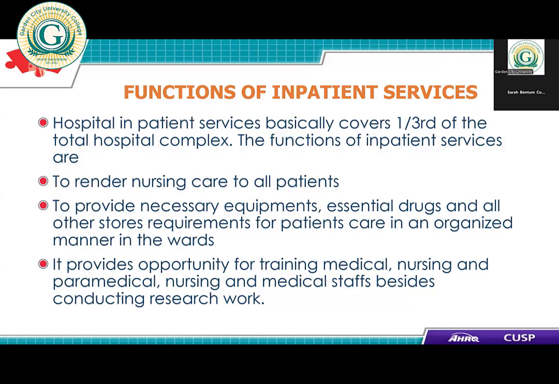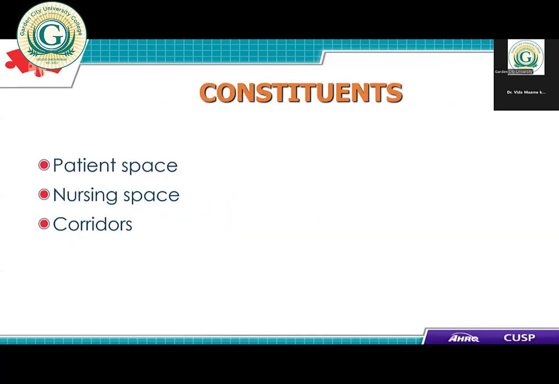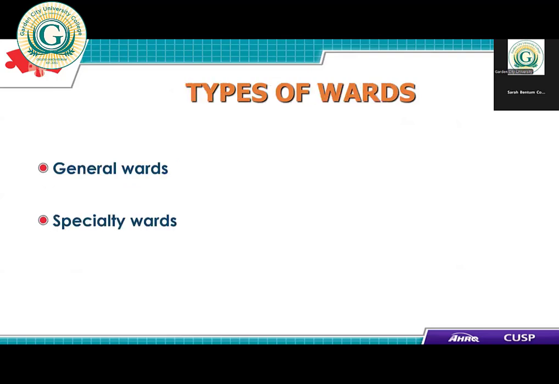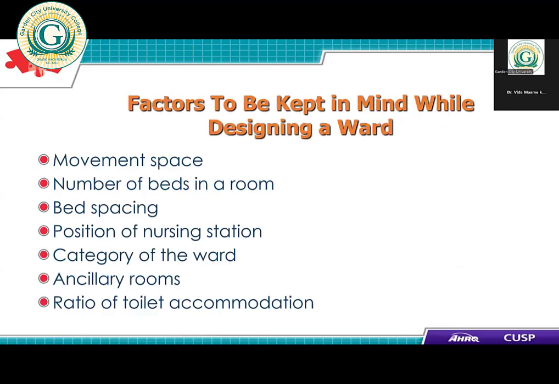And the wards constitute what? Patient space, nursing space, and the corridors. And these are the types of wards. We have general wards and specialty wards. So when we are building a ward, these are some of the factors to be kept in mind while designing a ward. As I said, movement of spaces, number of beds in a room, bed spacing.